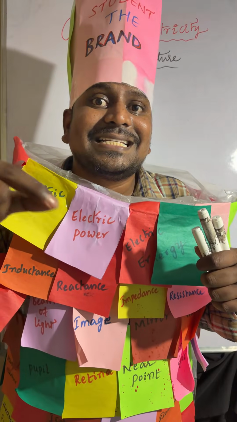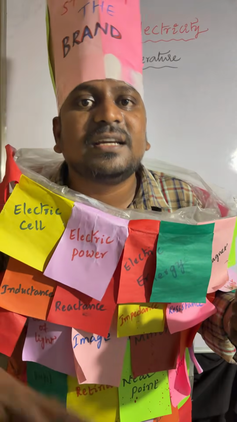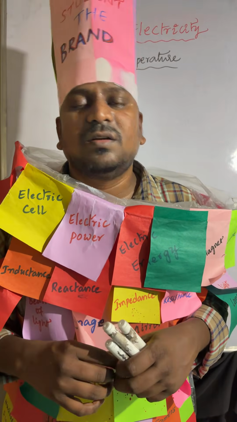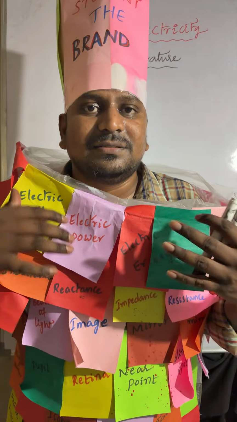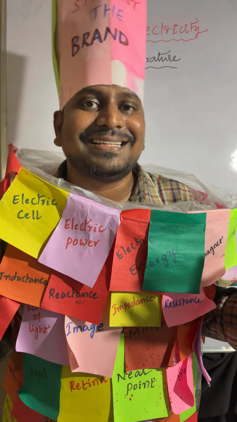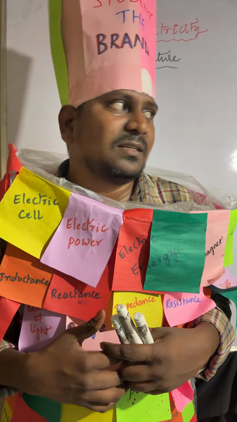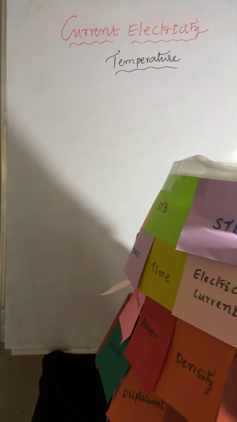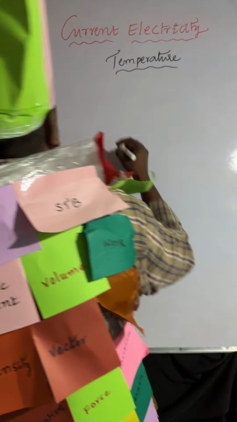At that time resistance and resistivity increase, and conductivity decreases. So by this we can conclude that as temperature increases, resistance and resistivity also increase. Understood or not?